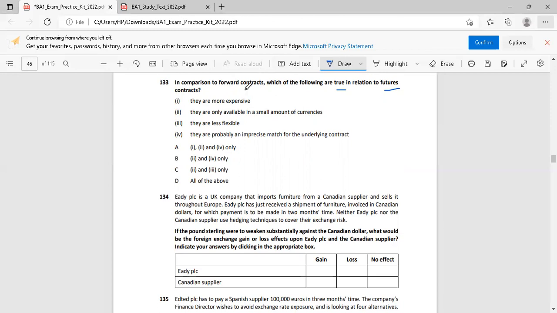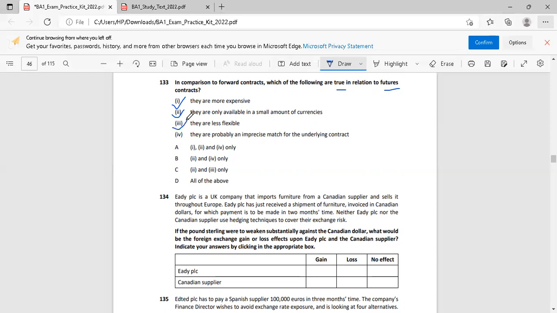So there would be certain transaction costs also included. So they tend to be more expensive. They are only available in a small amount of currencies, and they are settled in 3 monthly periods. Okay, that's right. They are settled in 3 monthly periods, so they are less flexible.